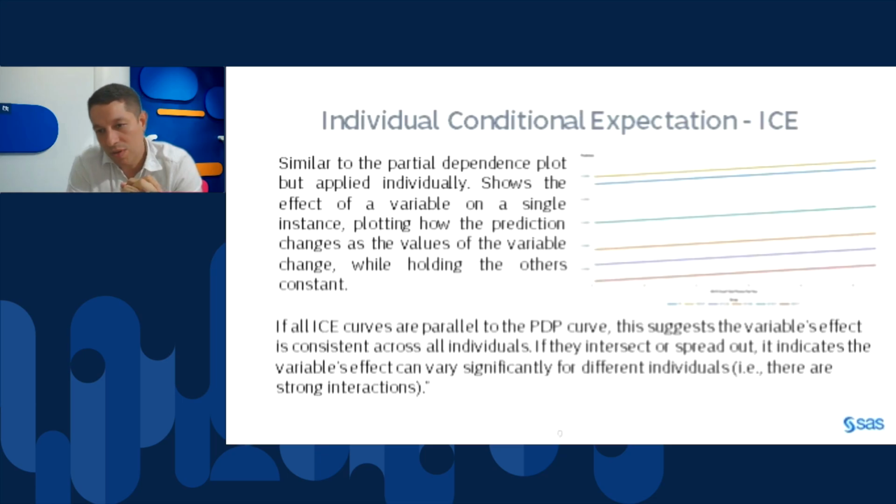But if you see the lines intersecting, this can show us, for example, a very significant interaction between two variables, for example, age and income. Okay, then this is the best kind of result with ICE. Okay, let's do the next.